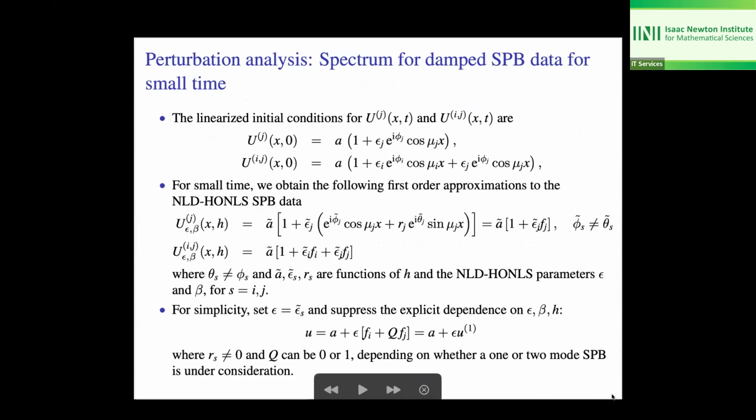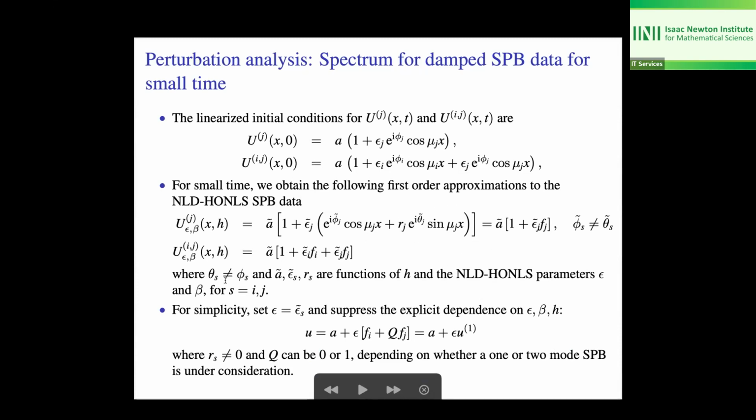So to corroborate the numerical experiments, we examine the spectrum for small time for damped SPB data. To do so, we find first the linearized initial conditions for the SPBs, and then we find the following first order approximations to the nonlinear damped SPB data that's valid for small time. And so you see from this data that this data is asymmetric.